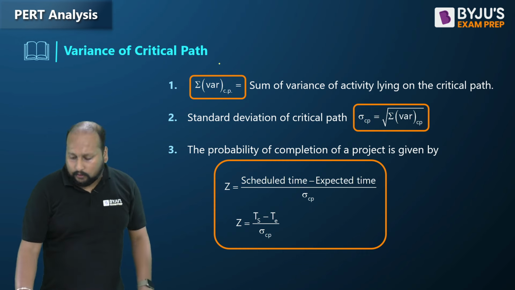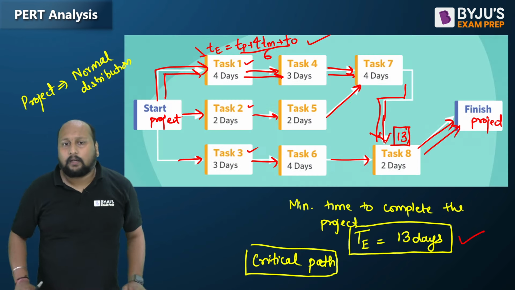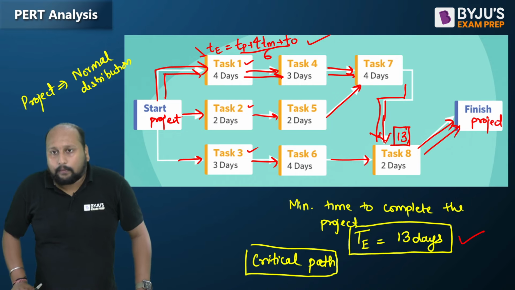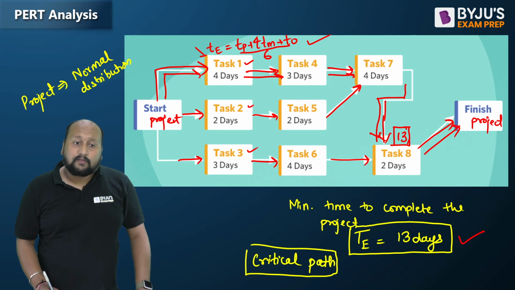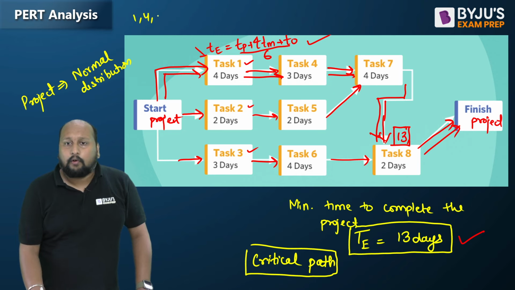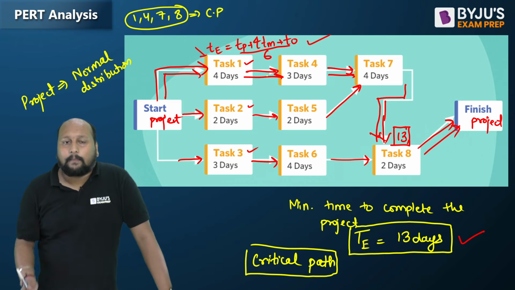Let us suppose in this particular example, only task 1, task 4, task 7 and task 8, these 4 tasks, are lying on the critical path. So I'll be calculating variance for only these 4 activities.